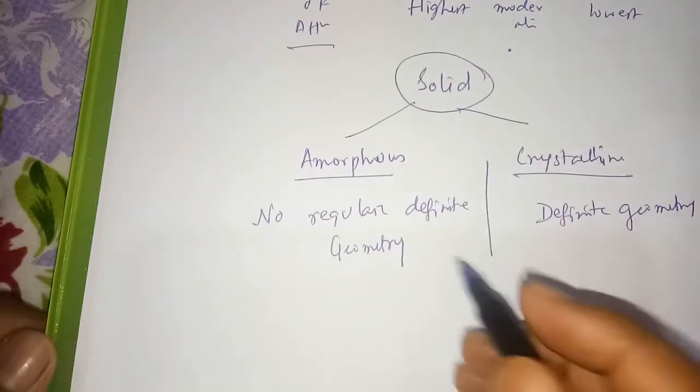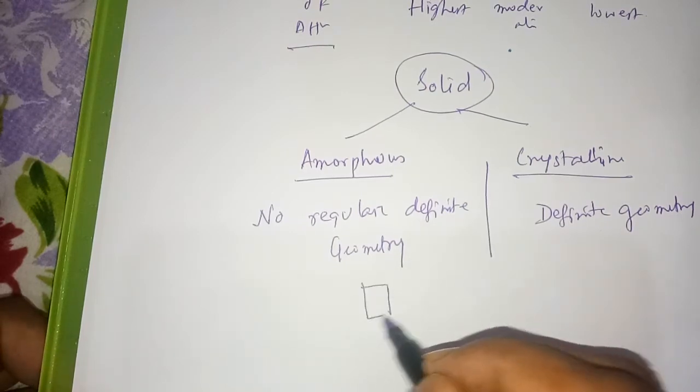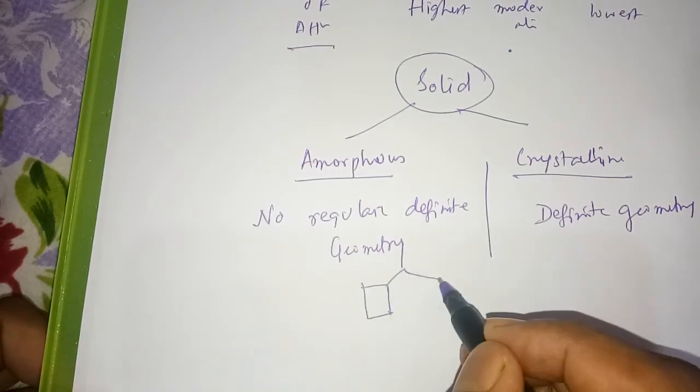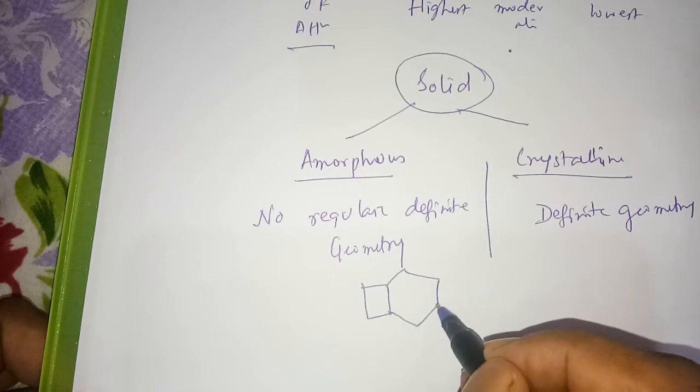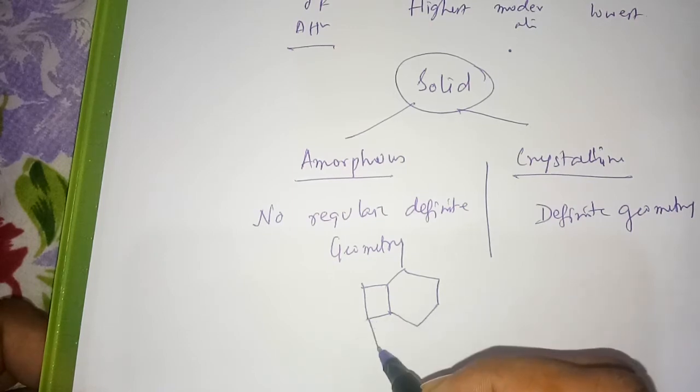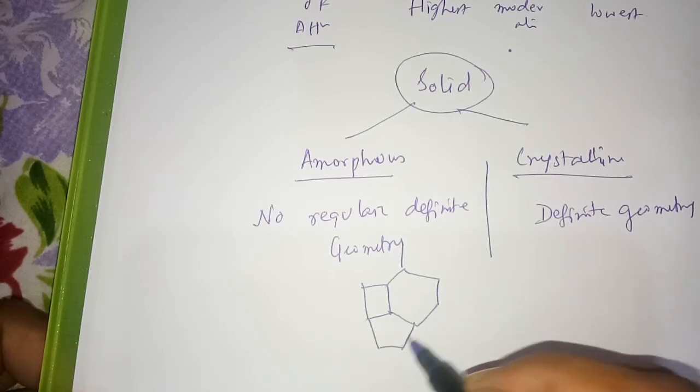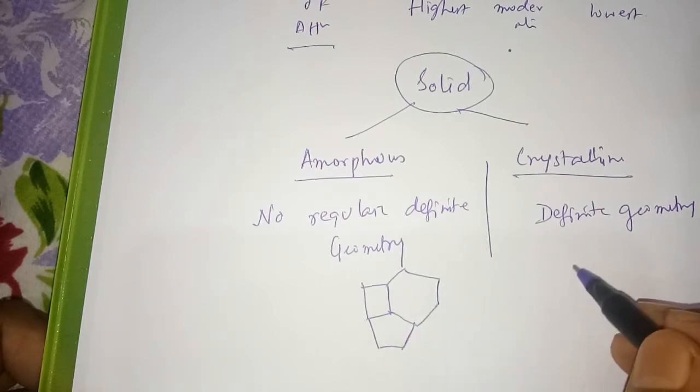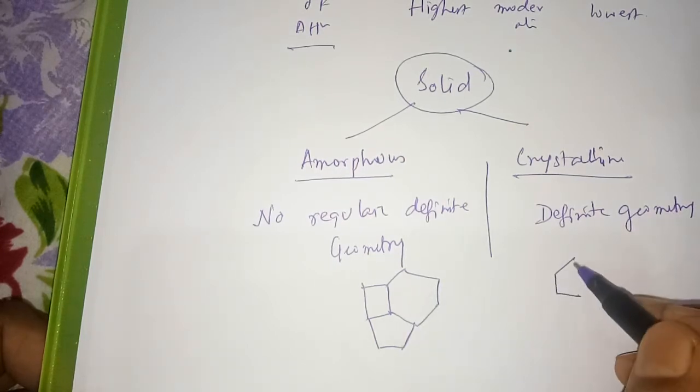Means what? In amorphous, if it starts with the square, the next one may be your hexagon, then maybe a pentagon. So there is no such regular geometry, but in this one you will get the regular geometry.